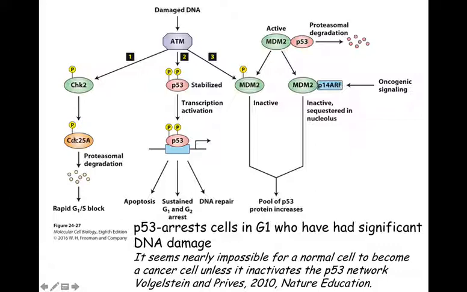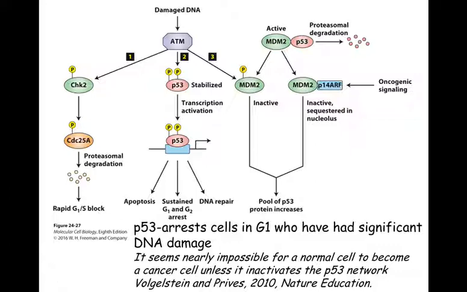CHK2 can change the phosphorylation of CDC25A, and that will get degraded and lead to a very rapid G1 block, S block.